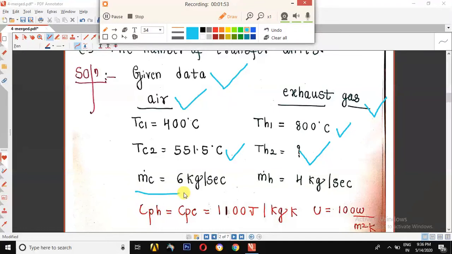Mass flow rate of the cold fluid is 6 kg per second. Mass flow rate of the hot fluid is 4 kg per second. Specific heat of hot fluid equal to specific heat of cold fluid equal to 1100 joule per kg Kelvin. Overall heat transfer coefficient is 100 watt per meter square Kelvin.